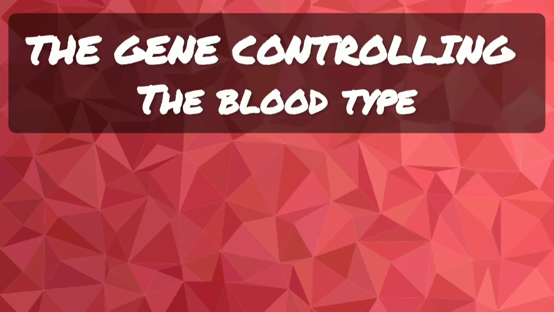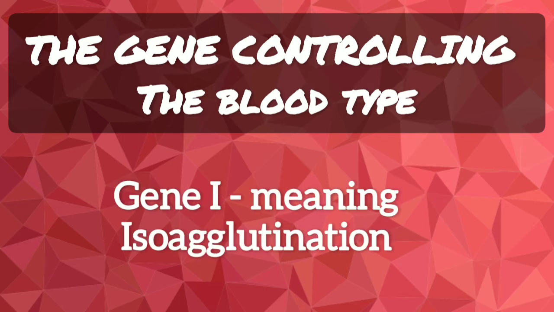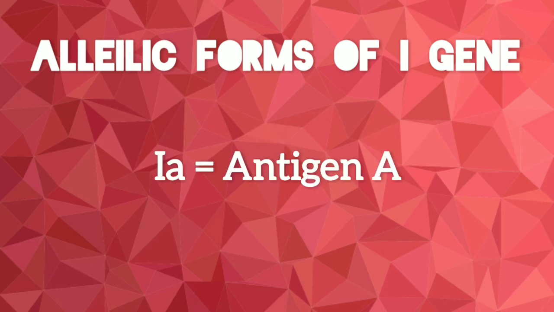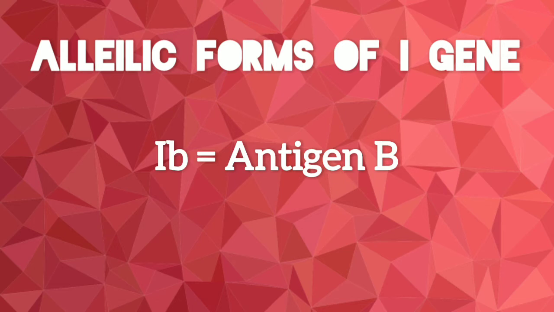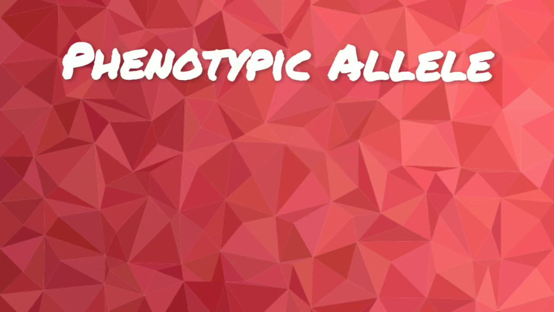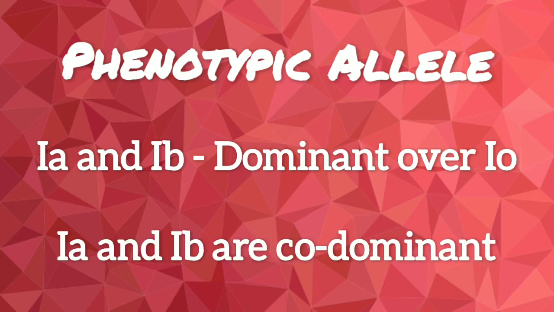The gene controlling the blood type is labeled as L after Landsteiner or I meaning isoagglutination. I gene exists in three allelic forms: IA, IB and IO. IA specifies A antigen, IB specifies B antigen and IO specifies no antigen. The alleles IA and IB are dominant over IO, but they are codominant to each other.